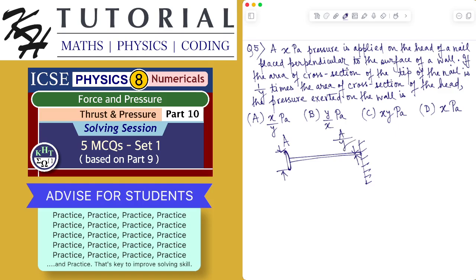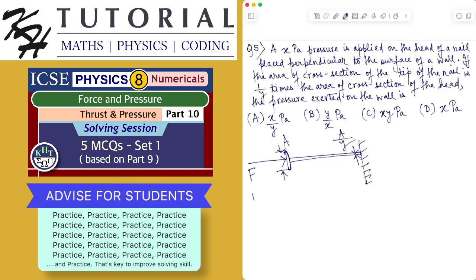Now it is given in the problem that X Pascal pressure is applied on the head of a nail. So definitely some force might have been applied when the nail is being hammered on the head. That force is essentially creating the pressure, which is given to be X Pascal.